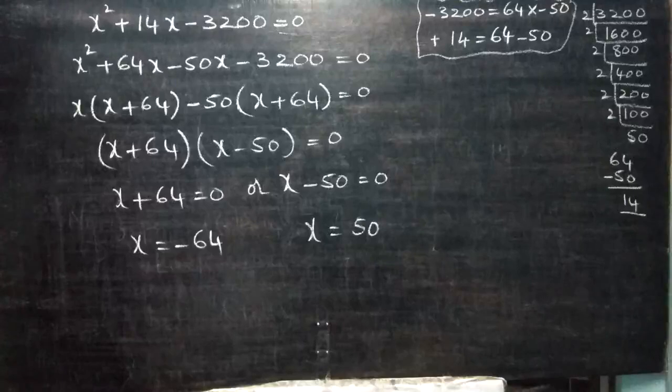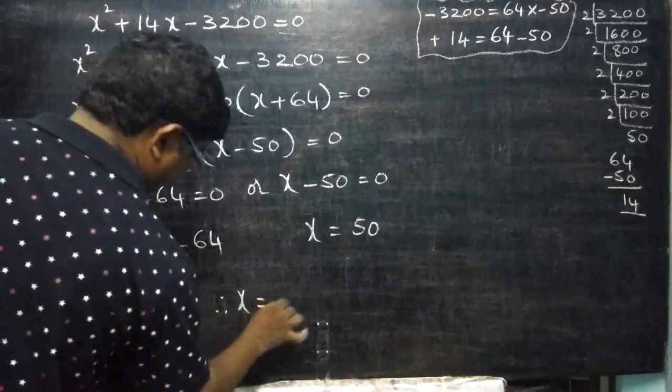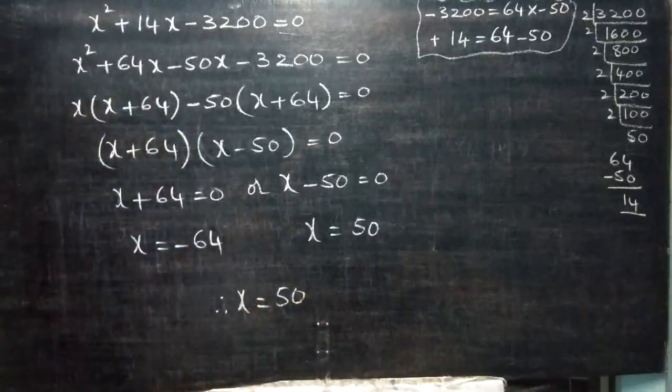So positive value we will take. Therefore x is equal to 50. Write that word. Always be positive.